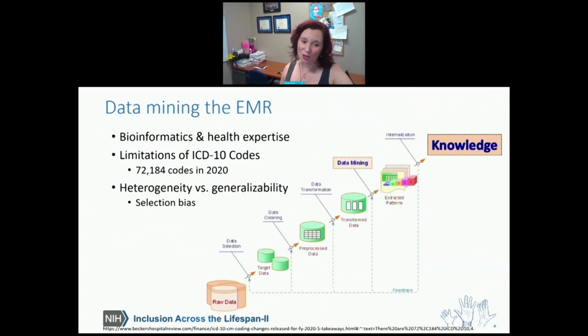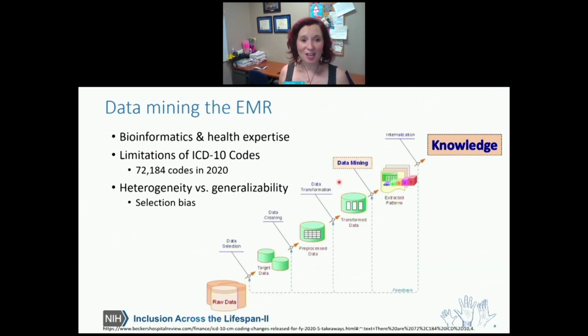I think if you look at this schematic, the steps that it takes from taking the raw data out of the EMR to even a stage where you can start data mining takes a lot of bioinformatics expertise. In addition to that, data pulled from the EMRs is dependent, at least on some part, on how it is coded with our ICD-10 diagnostic code criteria.